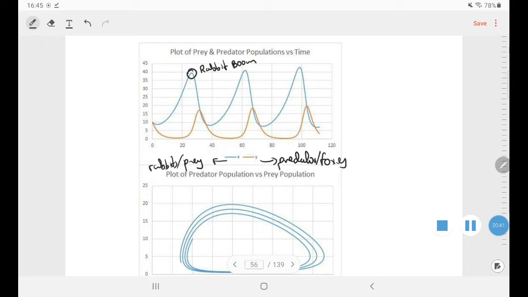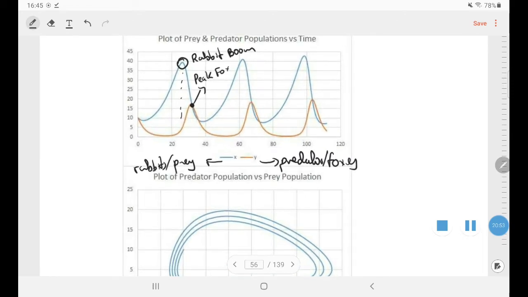And there is a lag behind it. So the foxes reach their max, peak fox. Now, in this window from rabbit boom to peak fox, you can see that the fox is starting to eat more and more rabbits. And so the rabbit population decreases.